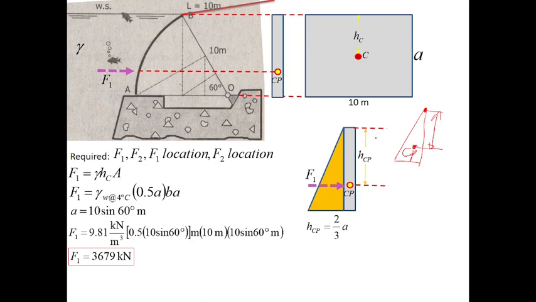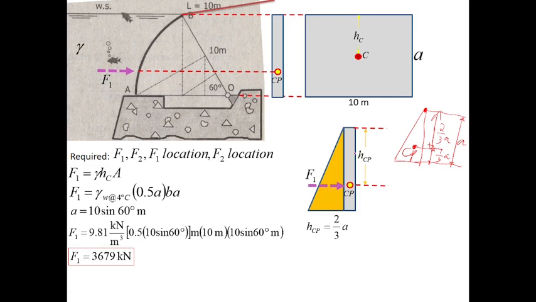So, in that case, ito ay 2/3 A, kasi ito ay A, yung kabuuan, at itong part na to ay 1/3 of A. 2/3 of A plus 1/3 of A is A. Nandito yung gitnang point, the center of this area, which is 2/3 of A from the apex of the triangle down to the center of pressure, the centroid of the triangle.